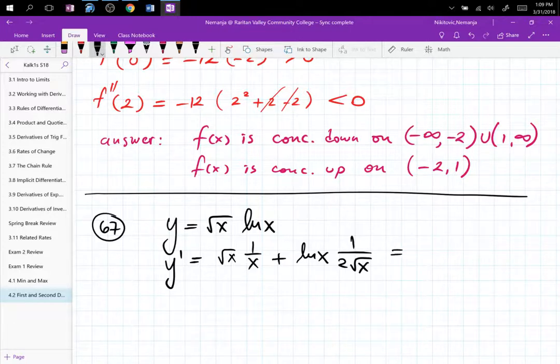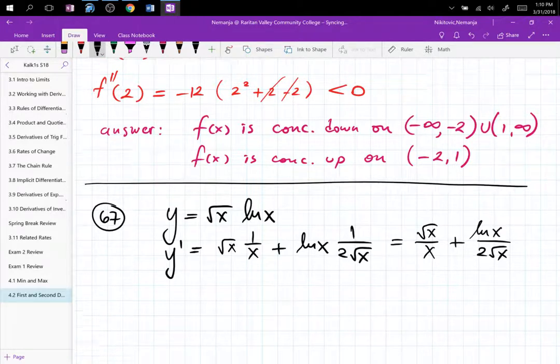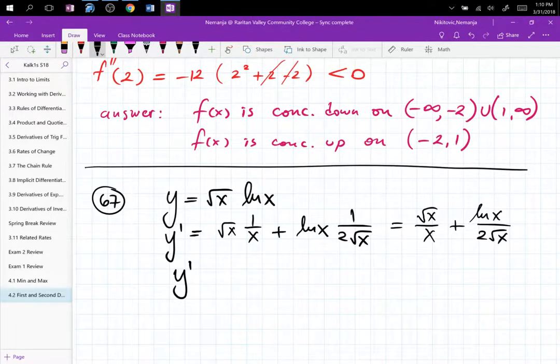Observe that the first term is the square root of x over x, and the second term is ln x over 2 root x. You can make this into 1 over root x, right? If you divide top and bottom by root x, so the first derivative is 1 over root x plus ln x over 2 root x.